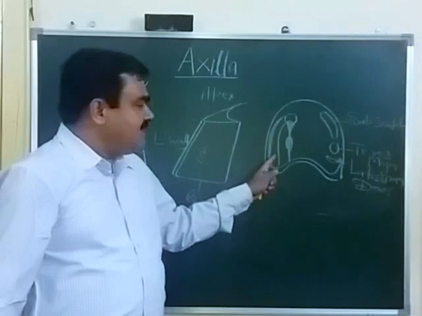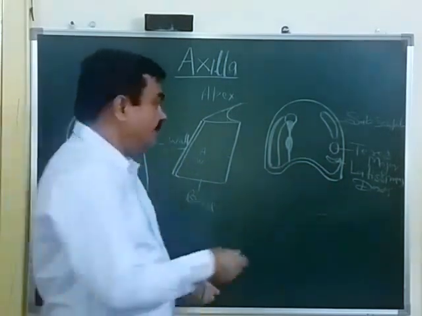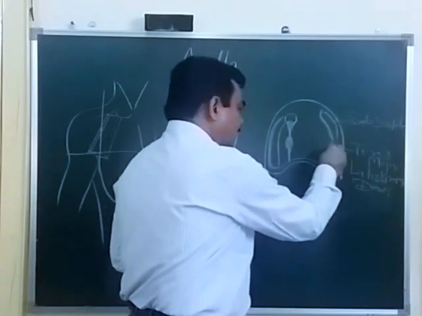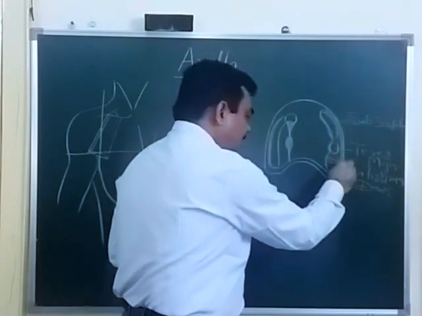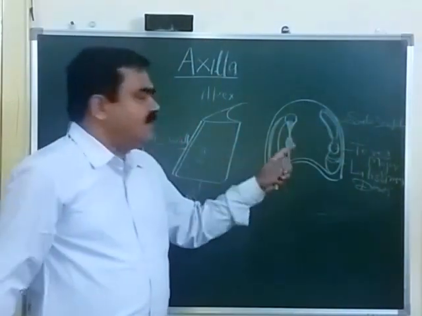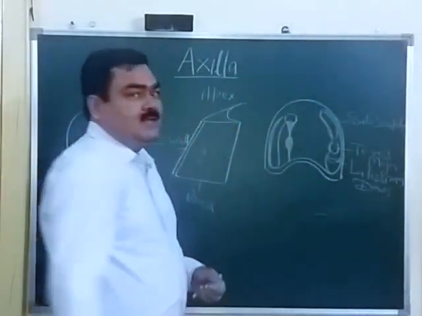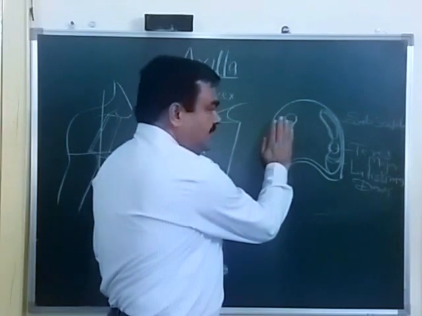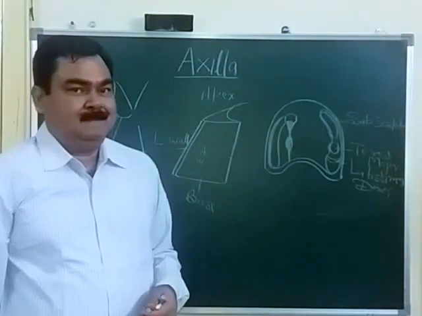So three muscles lie anteriorly and three muscles lie posteriorly. These three muscles are again covered by fascia, which becomes continuous with the fascia of the floor. So this part is axilla. This structure forms anterior wall, this structure forms posterior wall.